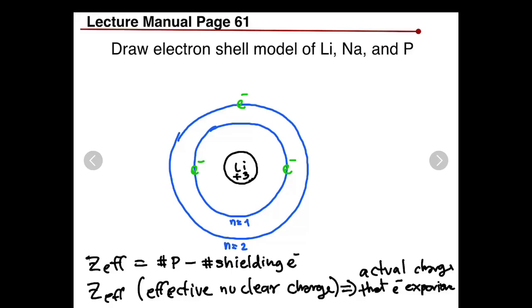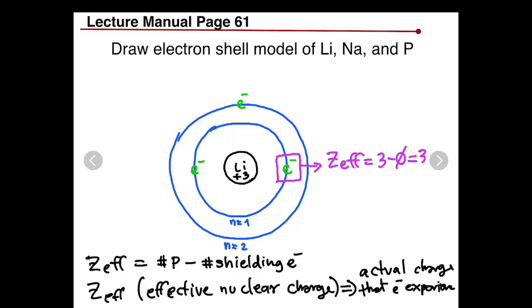So if I'm looking at how this electron right here experiences the nuclear charge, the effective nuclear charge equals the number of protons. How many? Well, 3. How many shielding electrons? There are 0 because there's nothing shielding it inside this layer. Therefore, it would be 3 minus 0, so the effective nuclear charge that this electron experiences would equal 3, or 3 plus.